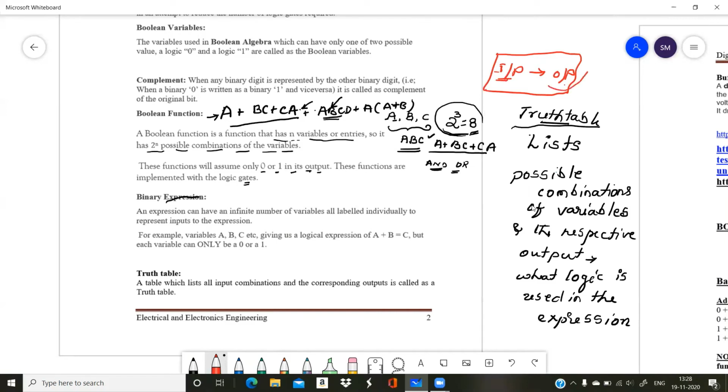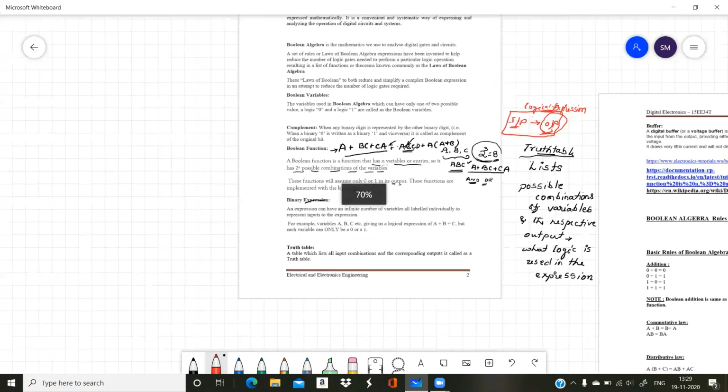The output depends upon for what logical expression this truth table is written; according to that we write the output. So it lists all the input combinations and the corresponding outputs, and that is termed a truth table.